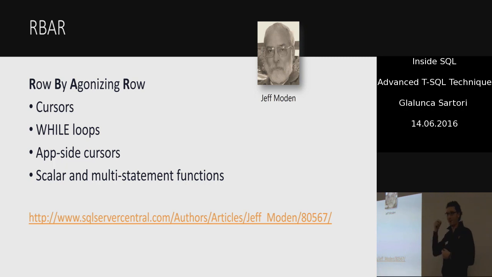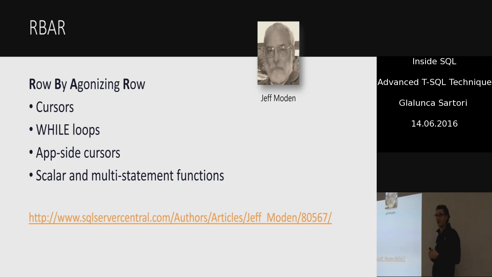So basically, the first thing that comes to your mind is a cursor. But it's not limited to cursors. It's everything that does things one row at a time. So we have while loops or application-side cursors. If you are doing things one row at a time from your C# code or from your PowerShell code, it doesn't make it less evil.